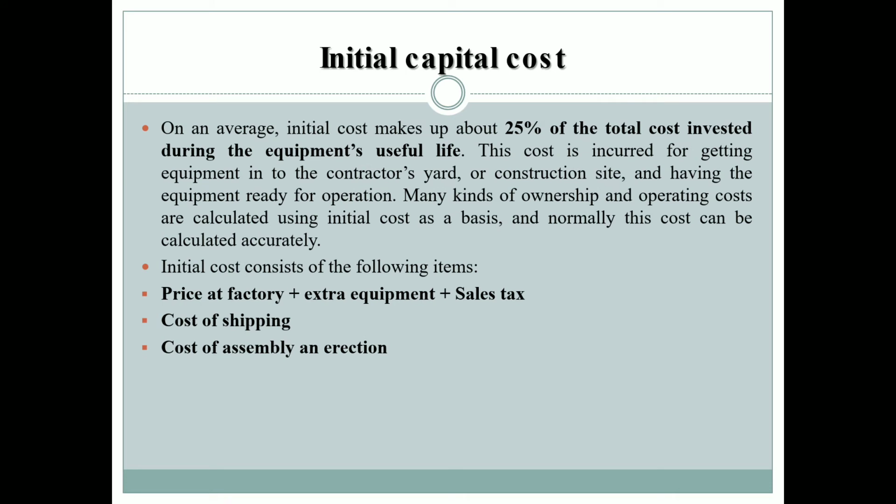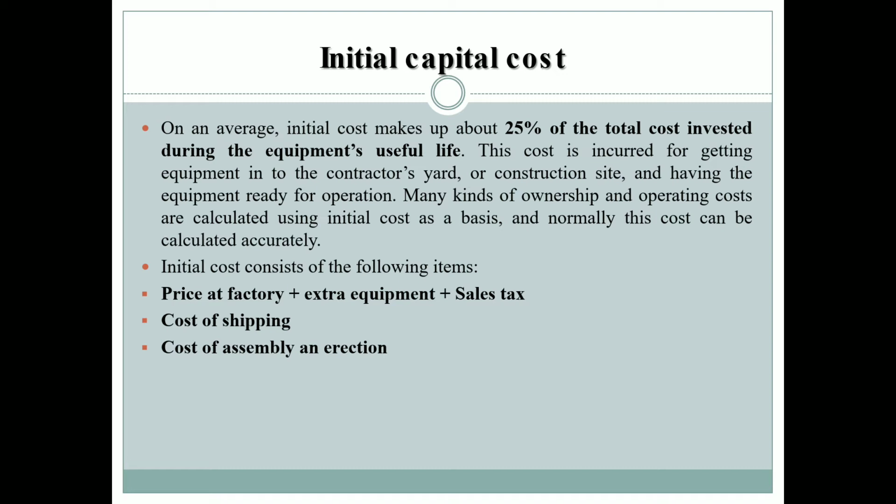What is it actually? On an average, initial cost makes up about 25% of the total cost invested during the equipment's useful life. This cost is incurred for getting equipment into the contractor's yard or construction site and having the equipment ready for operation.